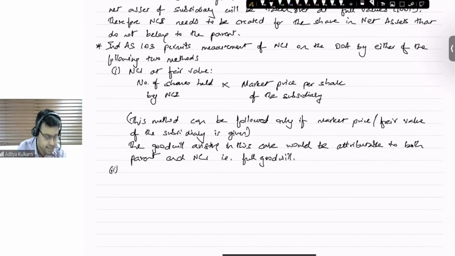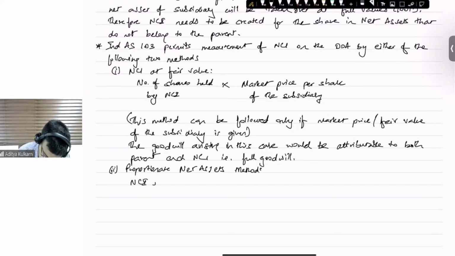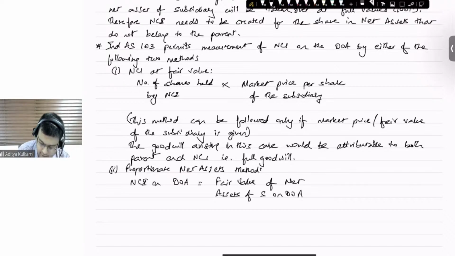Okay. Second one, proportionate net assets method. NCI on date of acquisition is equal to fair value of net assets of S on date of acquisition multiplied by NCI stake.